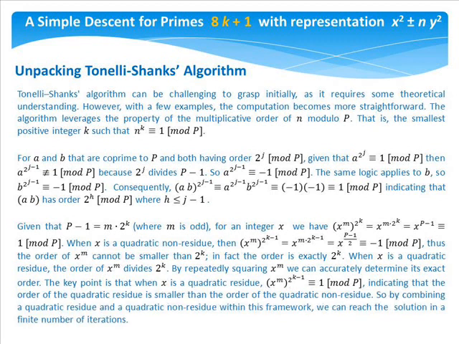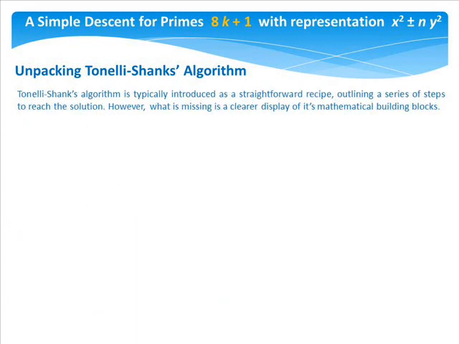So by combining a quadratic residue and a quadratic non-residue within this framework, we can reach the solution in a finite number of iterations. Let's now unpack the Tonelli-Shanks algorithm.